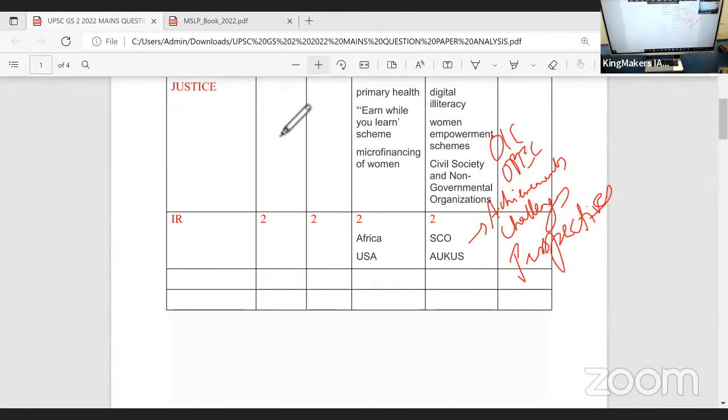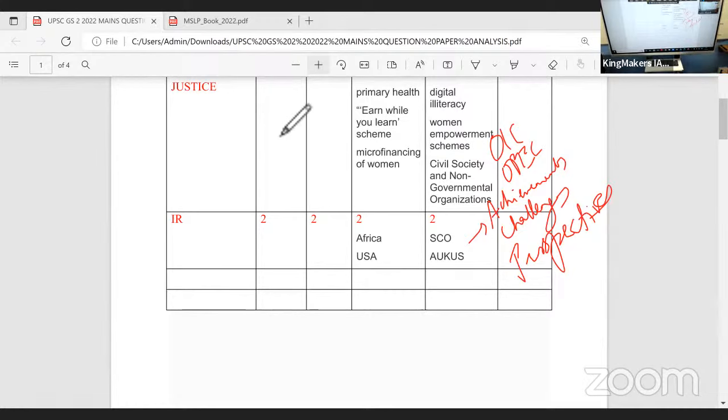What is perspectives? How India is viewing AUKUS, what India will gain from AUKUS, what India will lose from AUKUS. What other countries are seeing as AUKUS, whether China is seeing AUKUS as a good one or not. So these are the perspectives that you have to learn.